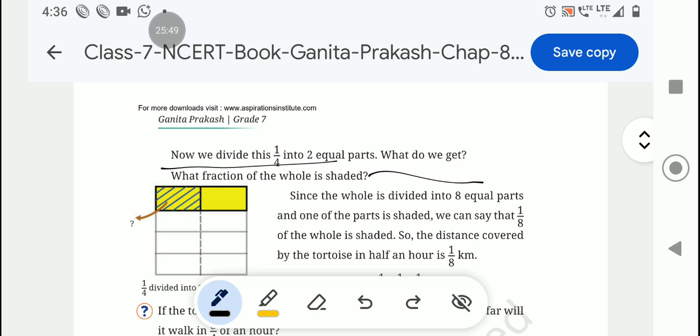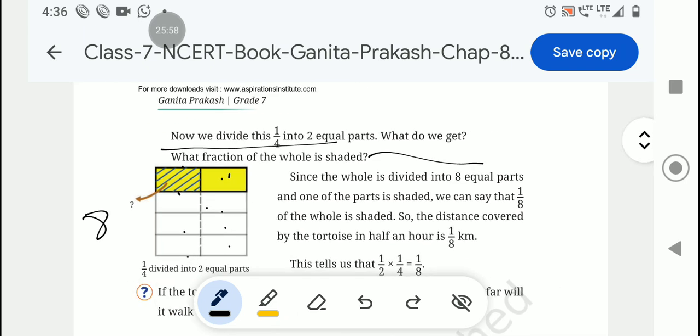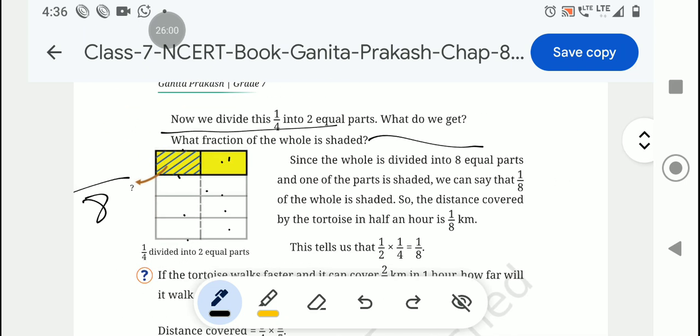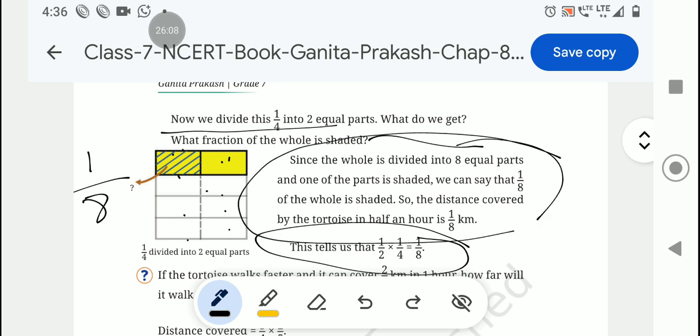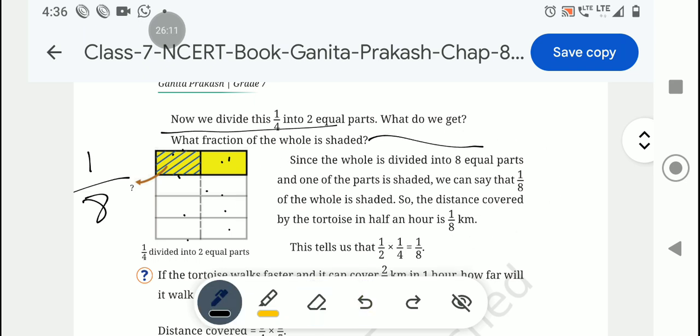Here total how many are there? 1, 2, 3, 4, 5, 6, 7, 8. 8 are there. And how many are shaded? 1. So 1 by 8 is the answer. So this paragraph tells us that 1 by 2 into 1 by 4 is equal to 1 by 8.